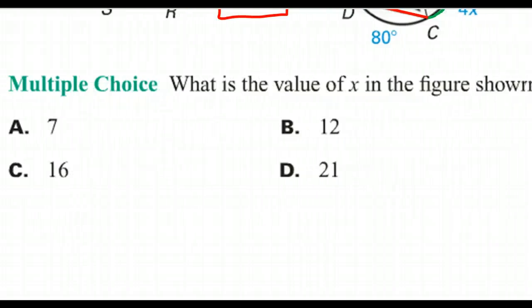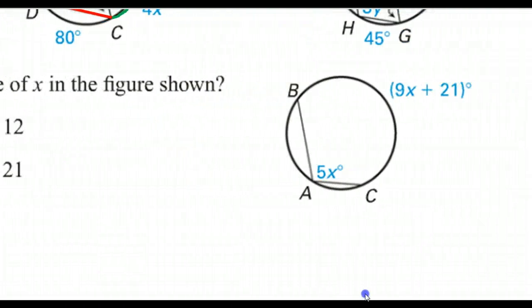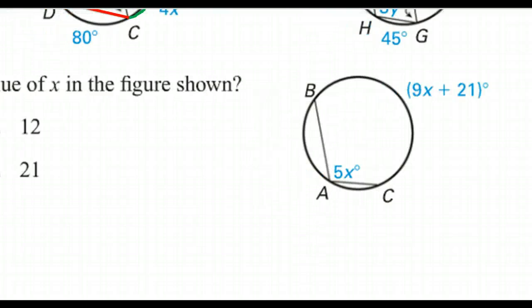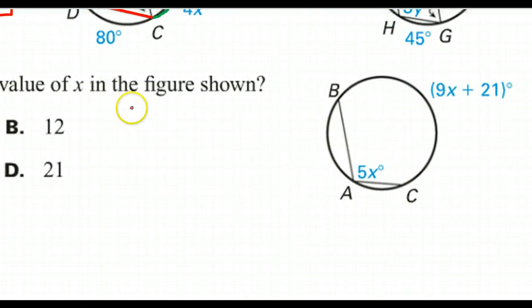Oh, multiple choice. What is the value of x in the figure shown? A lot of kids have trouble with this, but it's just a matter of setting up these expressions. This 9x plus 21, that's the arc. This 5x, that's the angle. Remember how the arc and the angle should compare to each other when the angle is inscribed like this.